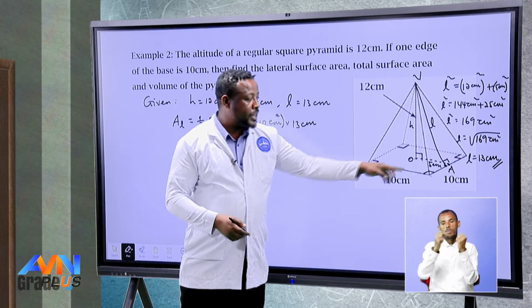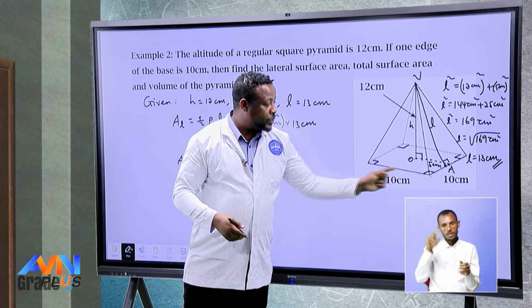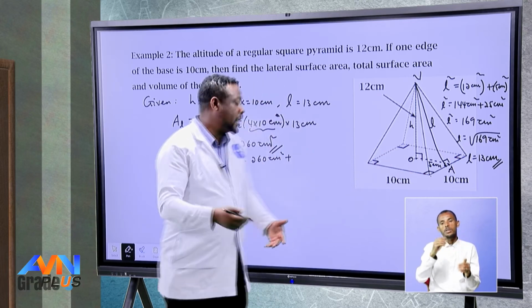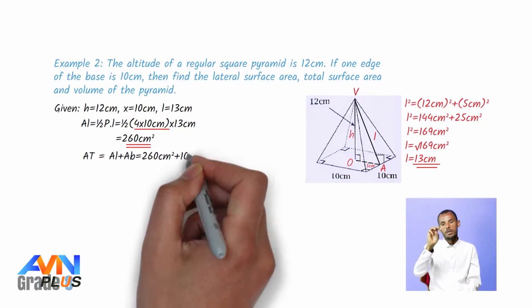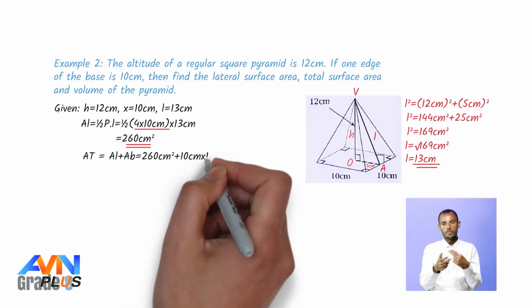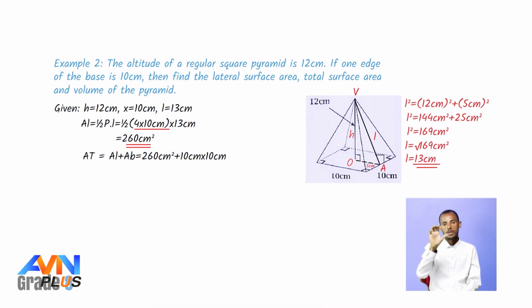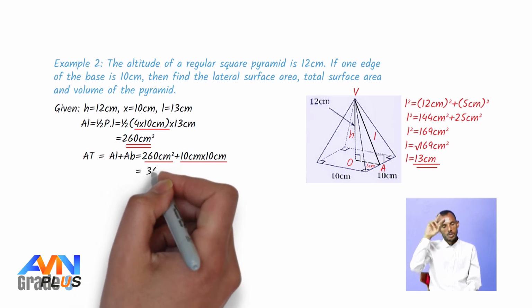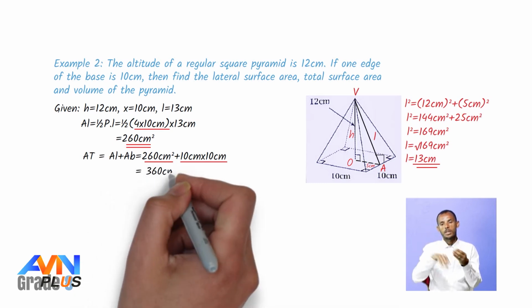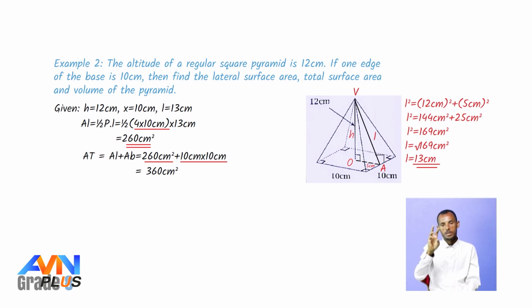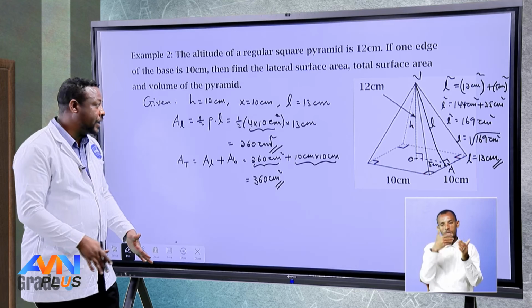Since the base is a square, the area of this square becomes 10 centimeter times 10 centimeter. Multiply this, the result is 100 centimeter square. This is 100 centimeter square, this is 260 centimeter square, so the whole sum becomes 360 centimeter square. So this is the total surface area.